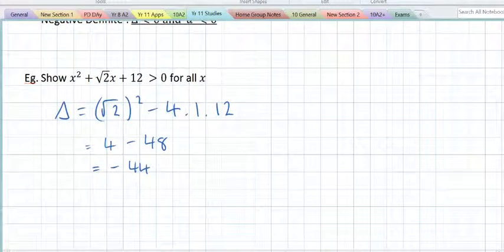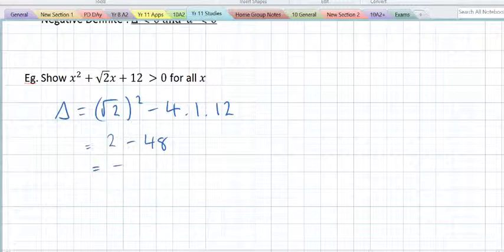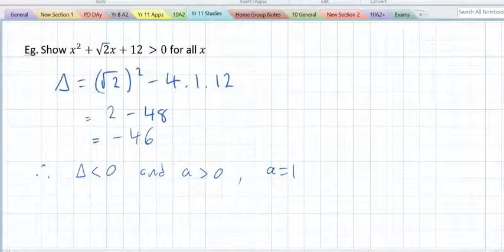Root 2 squared is not 4. Now you've got to tell me these things. Root 2 squared is 2, leading to minus 46. Alright. So, we can say therefore the discriminant is less than 0 and a is greater than 0. We can even state, if we wanted to, that a equals 1. The quadratic is positive definite.